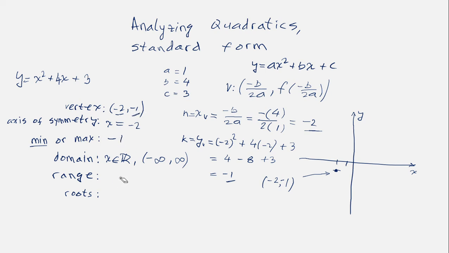And it's a min because the function opens up. And if it does open up, then we are going to say, well, anything from negative 1 to positive infinity. And we need to include negative 1. That's why we put the bracket. Or we can say any value of y that is greater than or equal to negative 1.